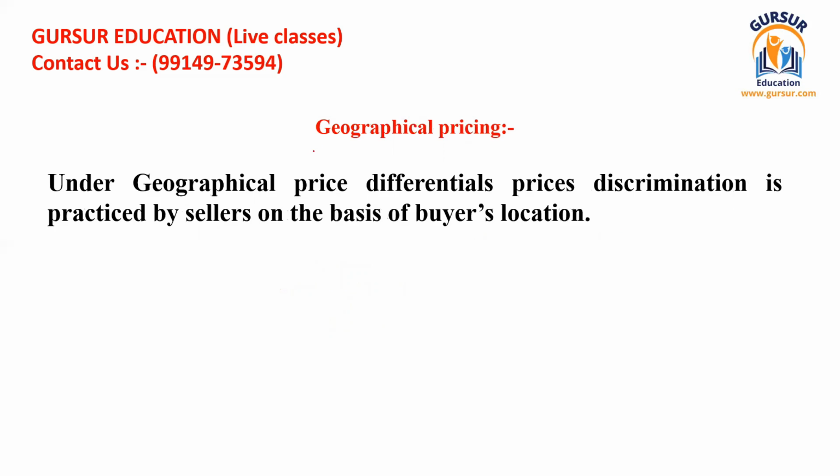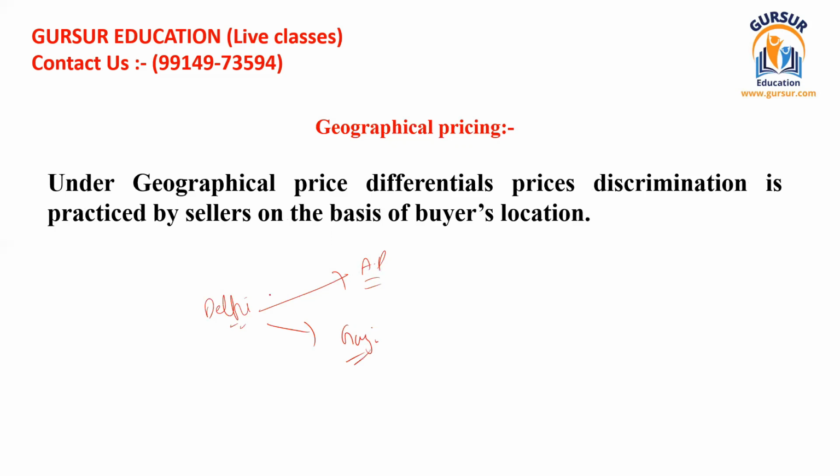The next one is the geographical pricing system. What happens here? Under geographical pricing, price discrimination is practiced by the seller on the basis of the buyer's location. Suppose the seller is sitting in Delhi and has customers in Andhra Pradesh and in Gujarat, two different states.